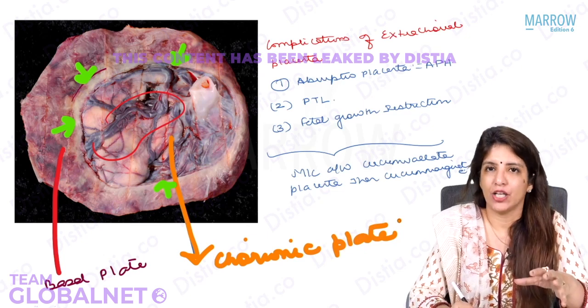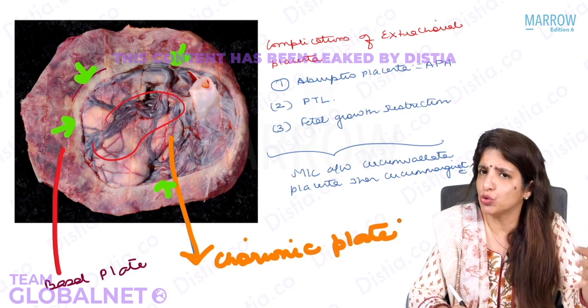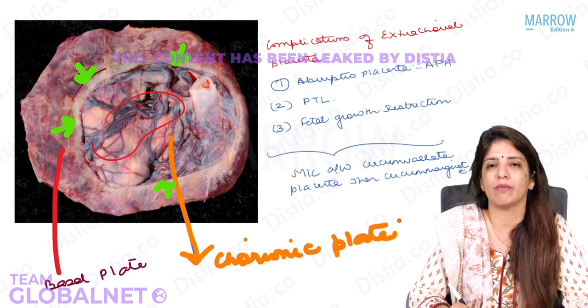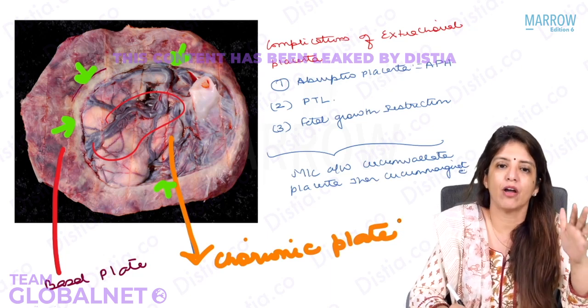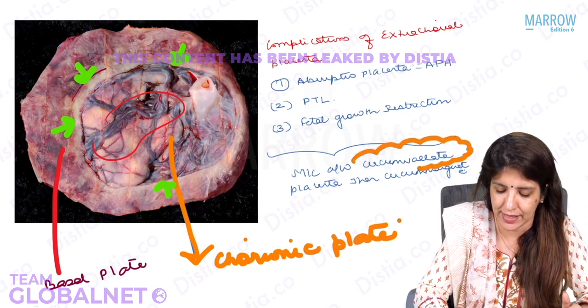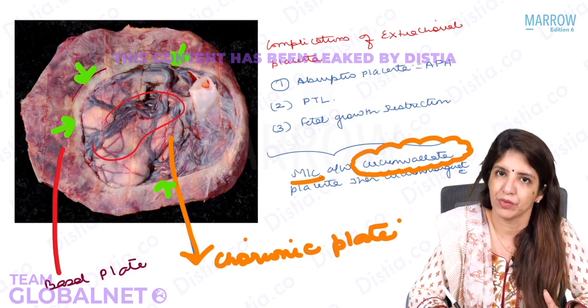These complications can be seen in any of the extrachorial placentas. So fetal growth restriction can be seen with circumvallate and circummarginate. Preterm labor and antepartum hemorrhage can also be seen with it. But again, they are more commonly associated with circumvallate placenta than with circummarginate placenta, right?